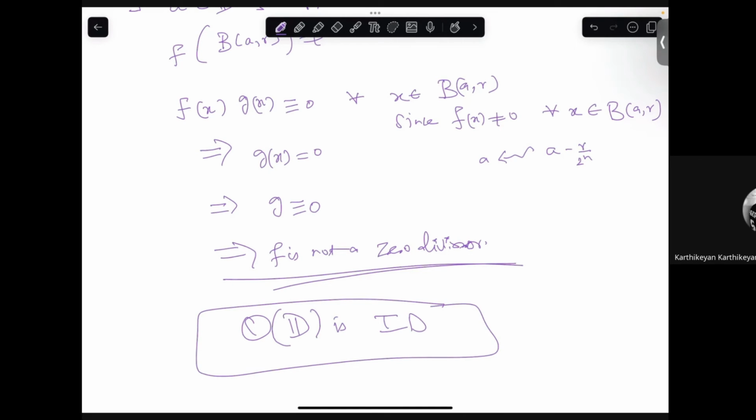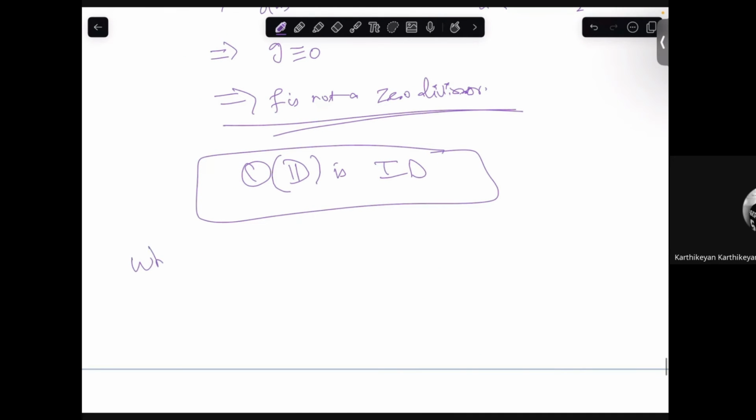Now it is very nice to ask this question. If this is an integral domain, what is its field of fractions? Anyone know? So, this question was asked in the NBHM exam. Believe me, whatever I'm doing today is actually asked one way or another in the exam.